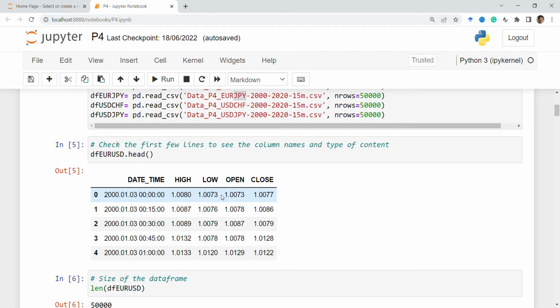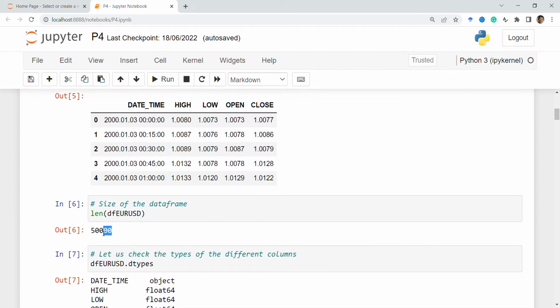So within this period we see that it started at the lowest value, then it went up to 1.008, and then it came down to 1.0077, and so on for different periods.